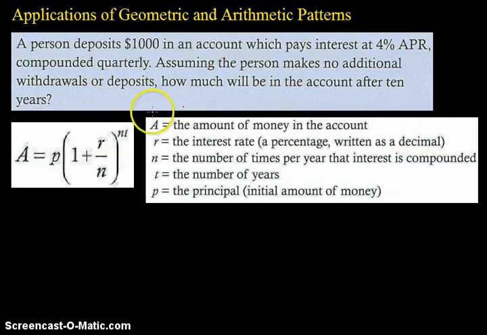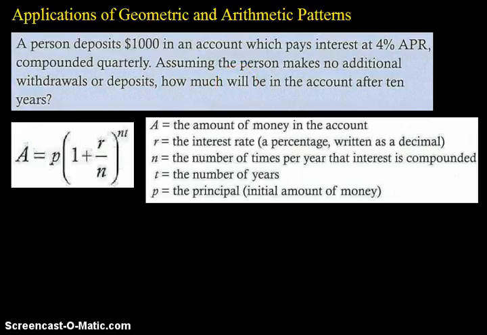For the N, we have two N's here, one over here and another one there. The N is the number of times the interest is compounded. So remember, monthly, quarterly, semi-annually, annually, all of that. N represents how many times the interest gets compounded.